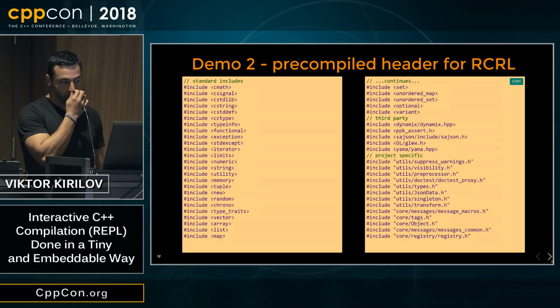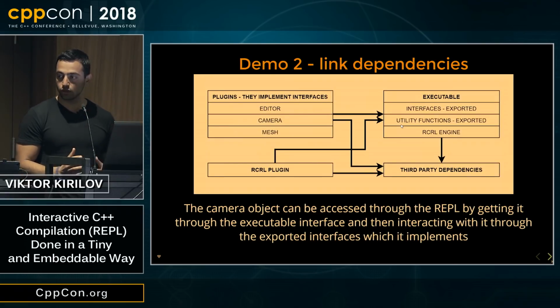So here on the left, we have all the plugins which are the different functionality, like editor, camera, mesh component, and also the plugin for the REPL. And on the right, we have the executable and the third-party dependencies. All the plugins and the REPL plugin link only to the executable and to the third-party dependencies. They don't link to each other, but they can communicate and interact with the objects by using the exported interface from the executable.